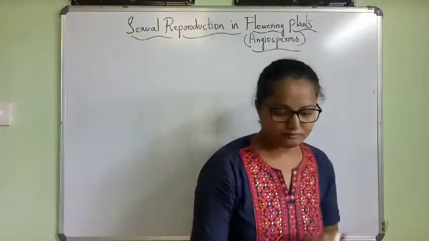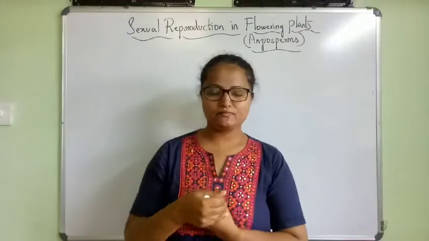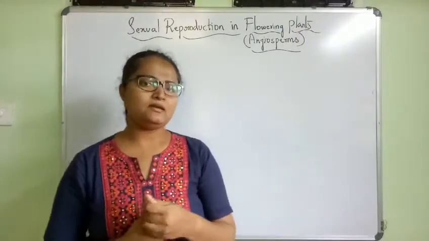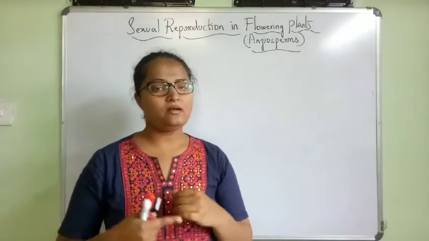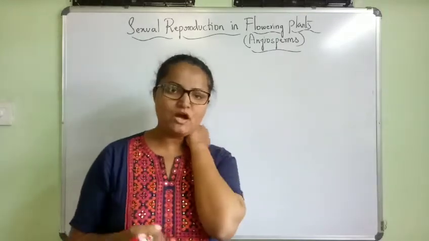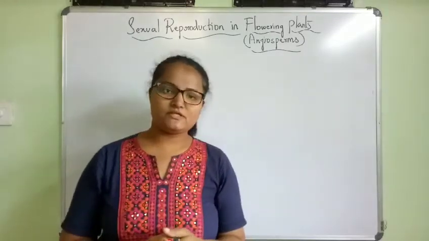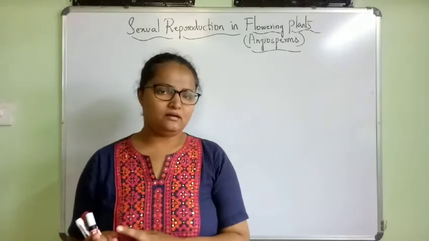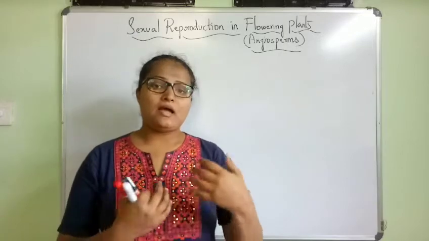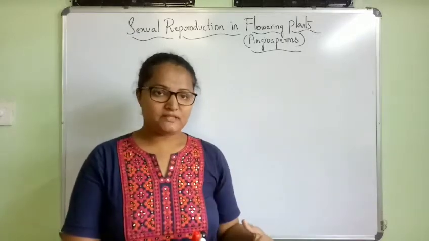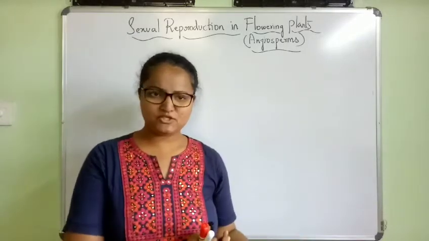As we have already discussed, the basic things which take place in the different events of sexual reproduction, we have studied with respect to plants also. There will be gametogenesis, gamete formation, and those gametes are transferred by pollination. Fertilization takes place.